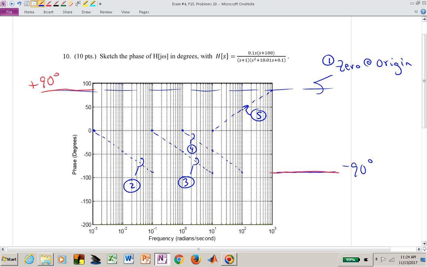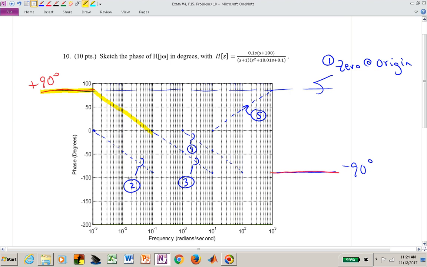Now I need to put all of these pieces together. Just be slow about it. So now I'm starting at plus 90, then I go down 90 degrees total over 2 decades, so I'm coming down right to there.